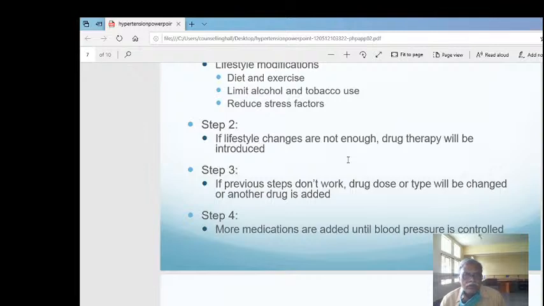And if blood pressure still continues after 3 or 4 months of lifestyle modification, one should go ahead with drugs.